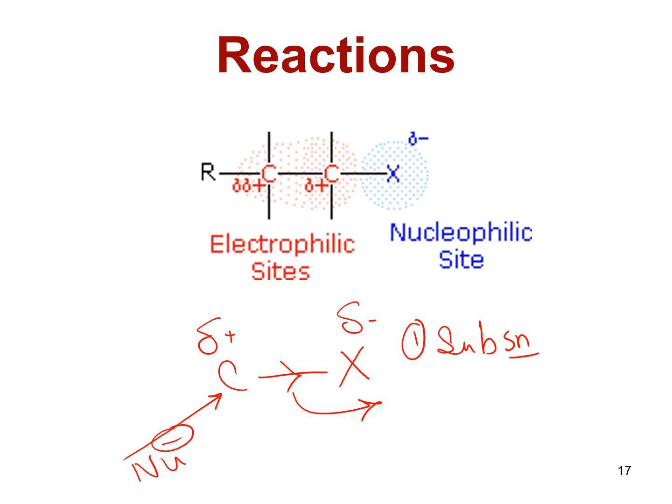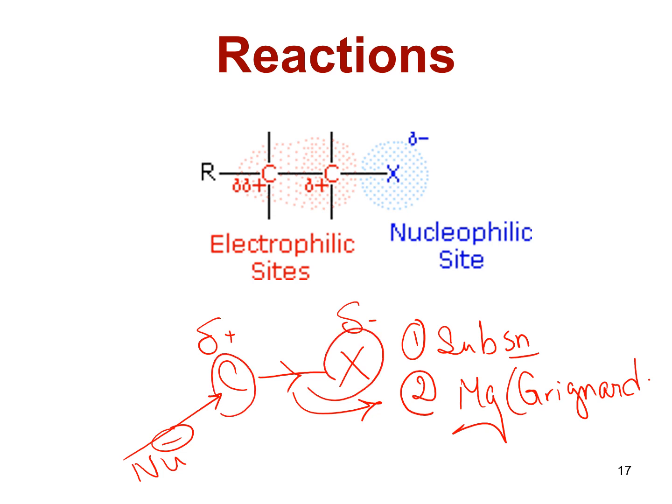The second reaction of alkyl halides is that if you place a metal, which is magnesium, this is known as Grignard reagent synthesis. When you react an alkyl halide with magnesium metal, the magnesium will be placed in between the carbon and the halogen. Before the metal enters the structure, your carbon is carrying a partial positive and your halogen is carrying a partial negative due to the high electronegativity of the halogen.